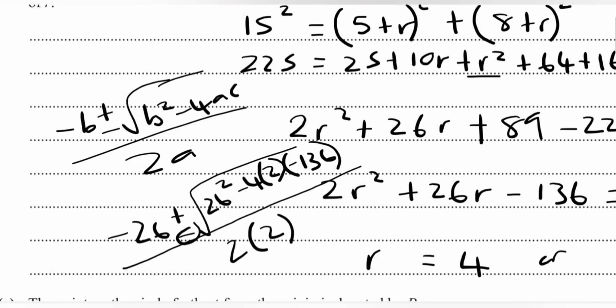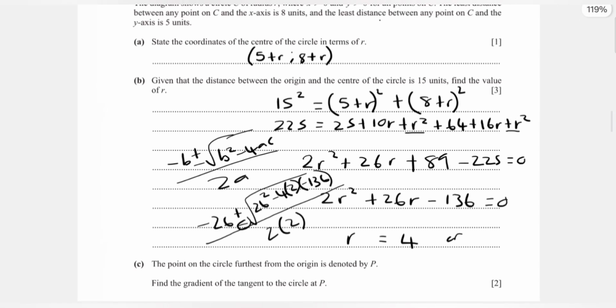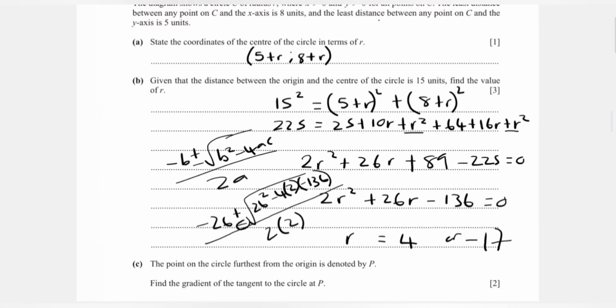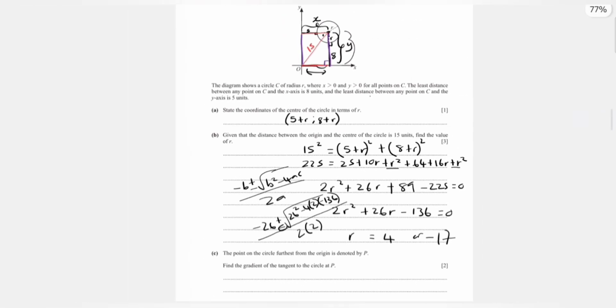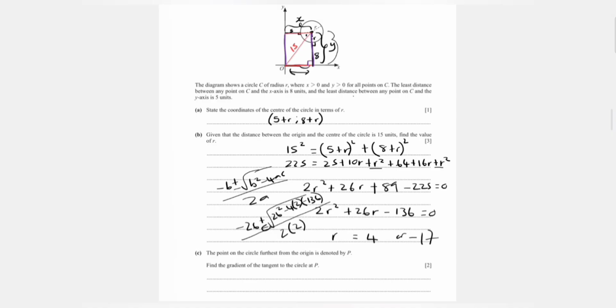So that's minus 17. Then we have minus 17 like that. But it says find the value, not the values, the value.